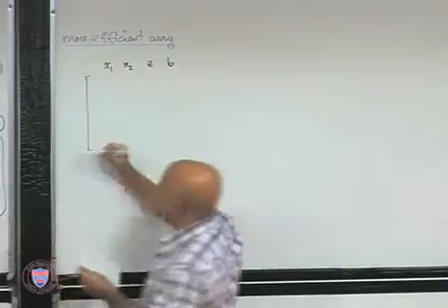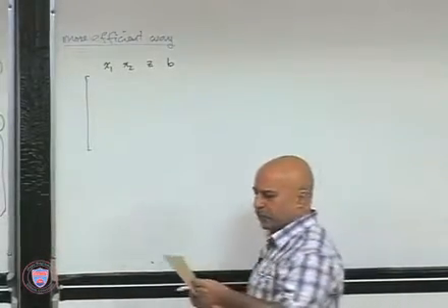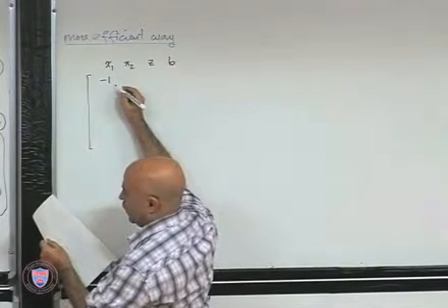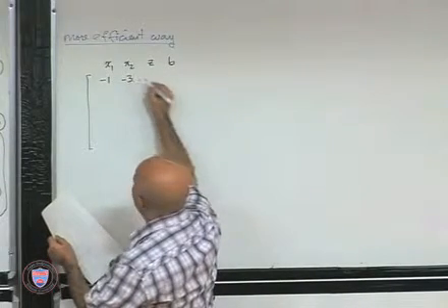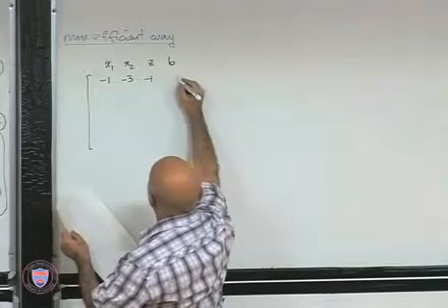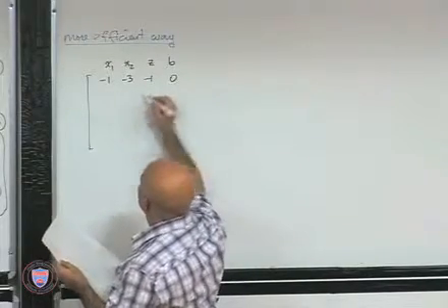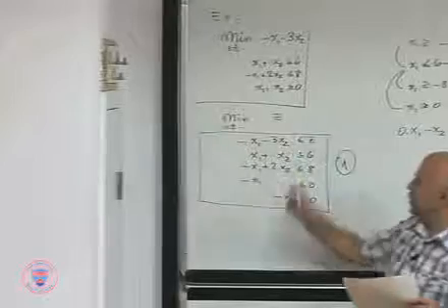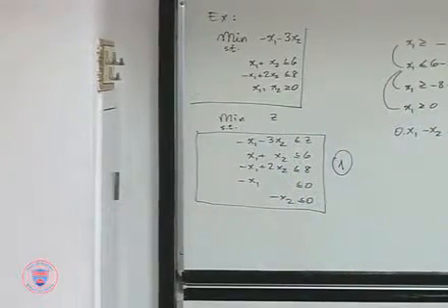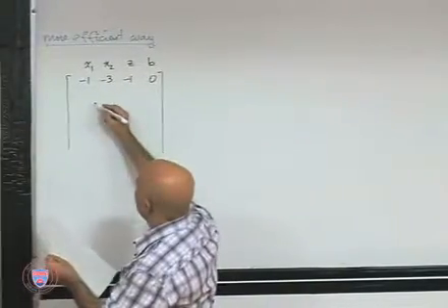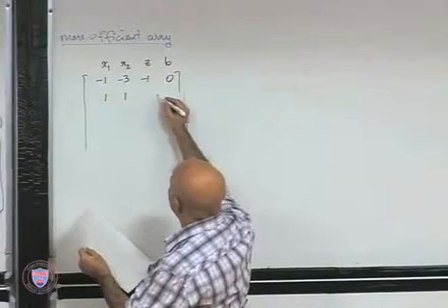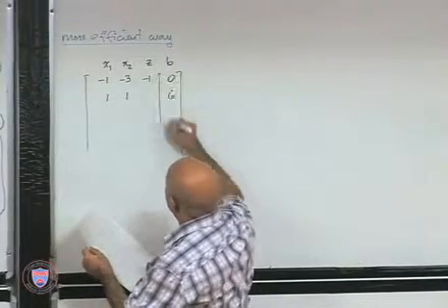I'm going to write the coefficients in a matrix, minus 1, minus 3, minus 1 for the first expression here, with z on the left. Okay? And the second expression is 1, 1, 0, and 6.